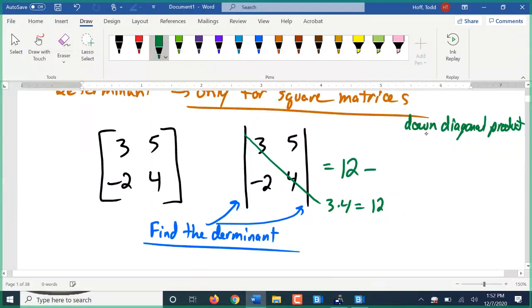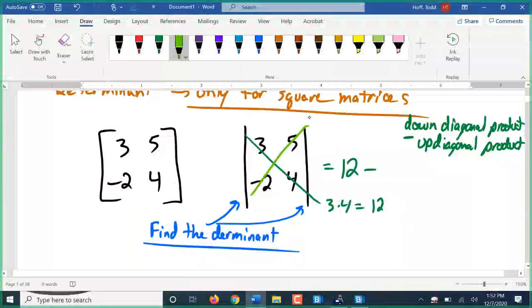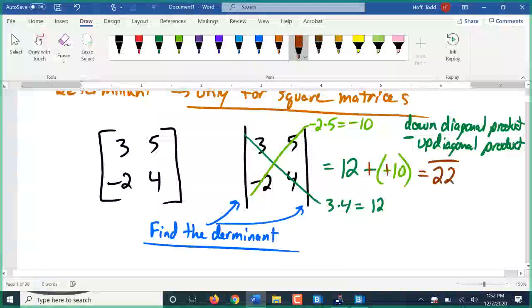And from that we subtract the up diagonal product. Going up the diagonal would be this direction. Negative 2 times 5 is negative 10. So this is 12 minus a negative 10. Minus a negative, remember, is plus a positive. So the determinant of that matrix is 22.